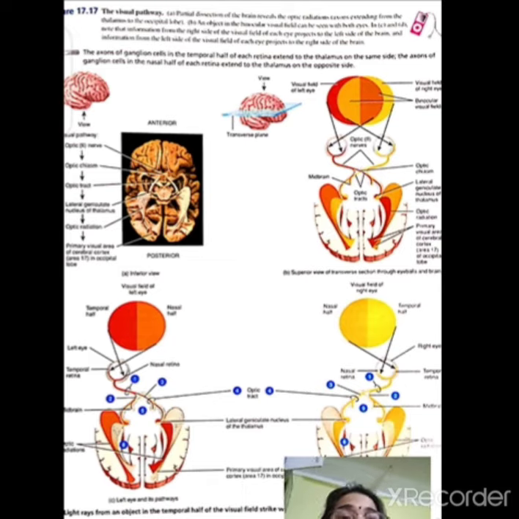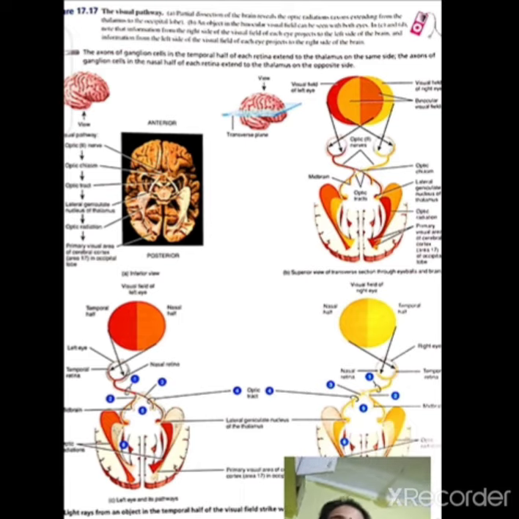The axons of retinal ganglion cells provide output from the retina to the brain, exiting the eyeball as the optic nerve. All the sensations of the eyes, all the images, are taken by your optic nerve to your brain.